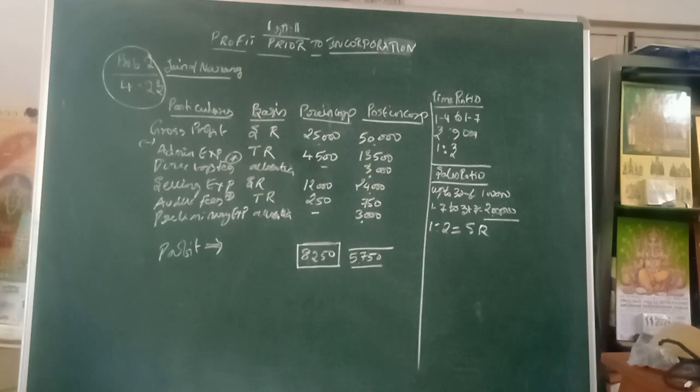In this question we are required to calculate the profit earned prior to incorporation. So how the profit prior to incorporation is ascertained is what is asked in this question. But just for knowledge, I have shown you both the pre-incorporation profit and the post-incorporation profit here. So practice related types of problems.